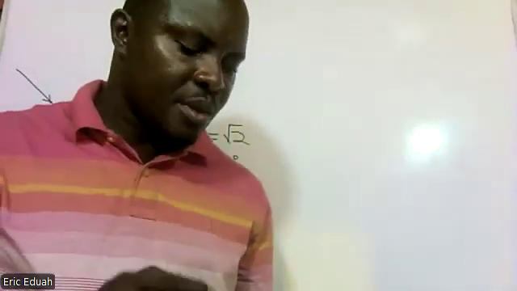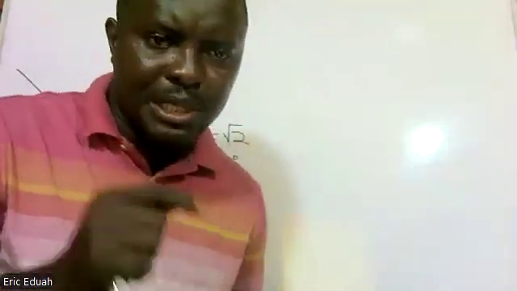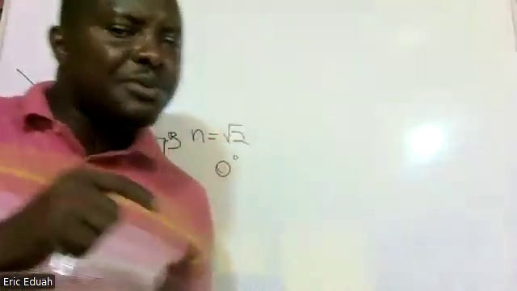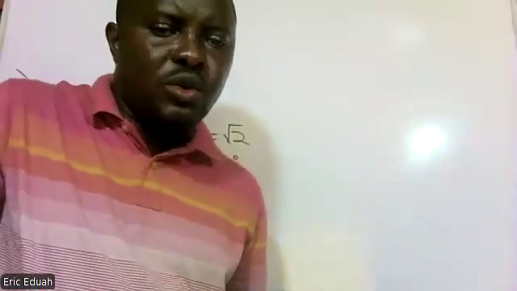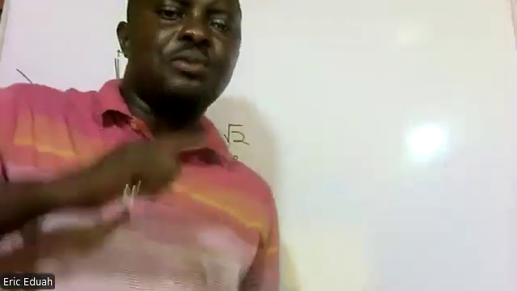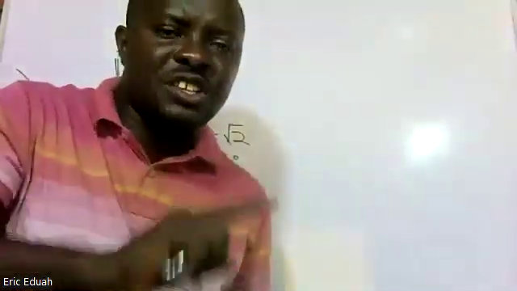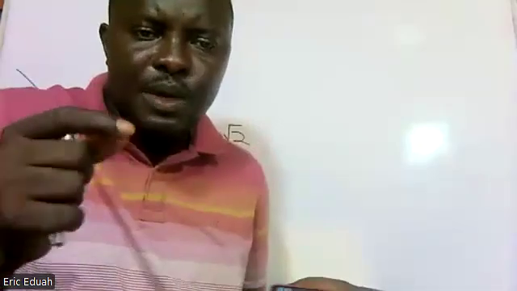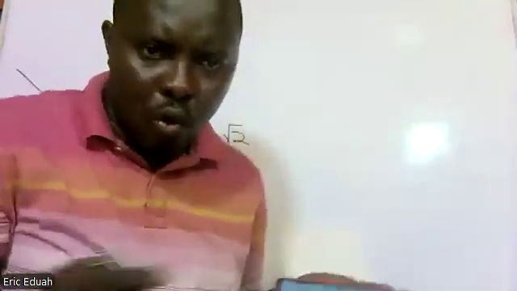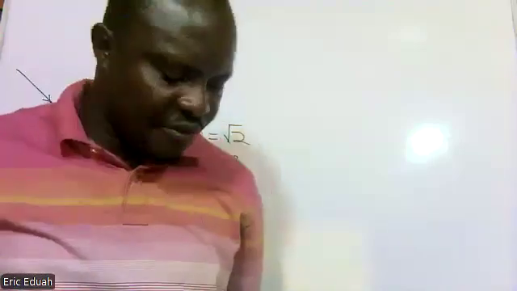Then C, will be absorbed. That is not correct because when you make light incident, part of it will be refracted, part of it will be reflected. If you are saying it will be absorbed, it means the light will be kept in the medium and will not show, which is never true.